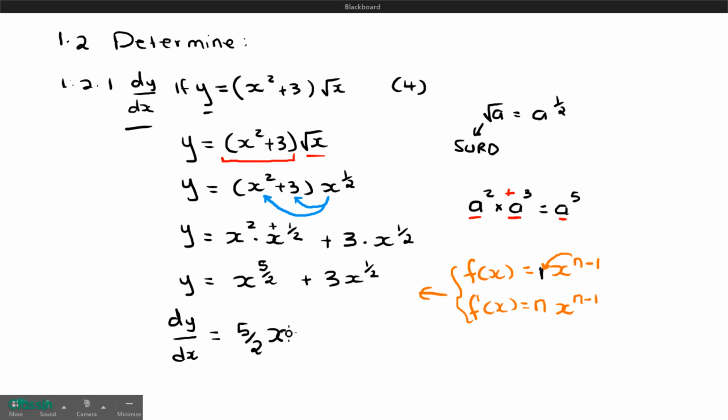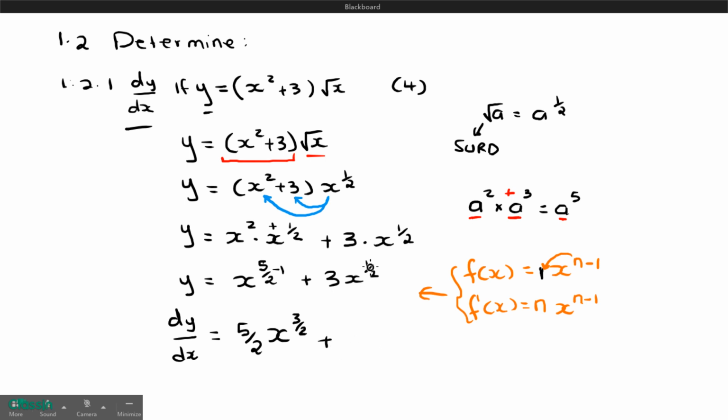Then we have our variable of x. What is 5 over 2 minus 1? 5 over 2 minus 1 is the same as 3 over 2.